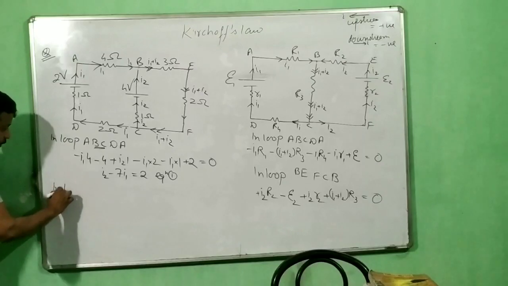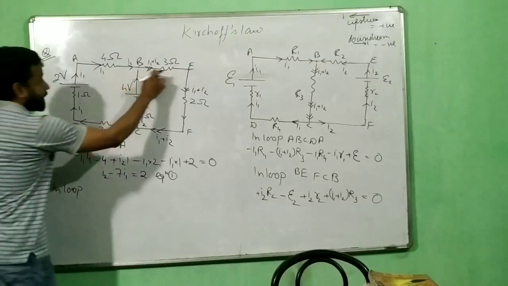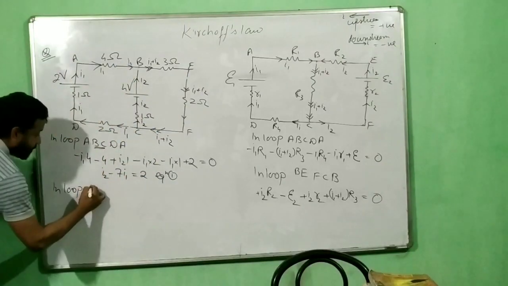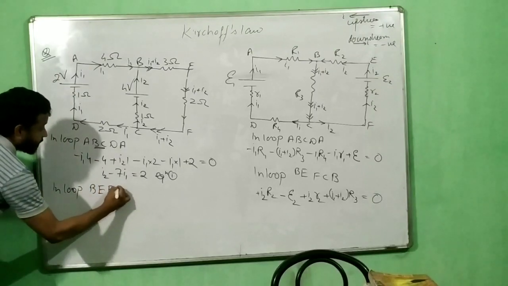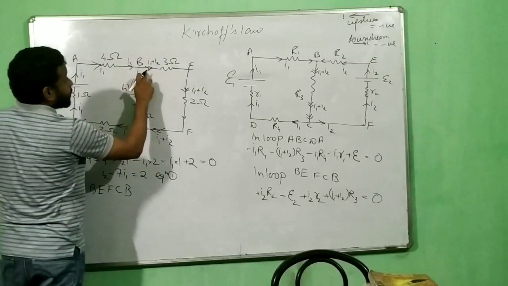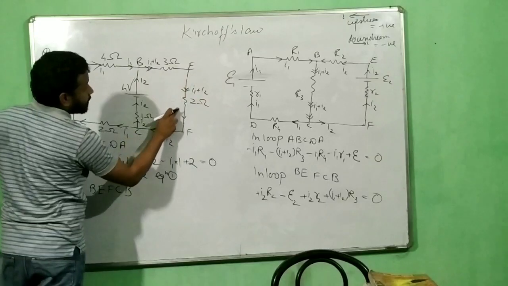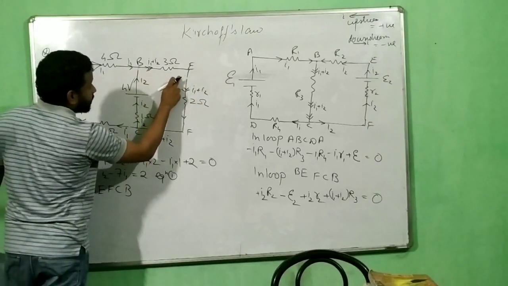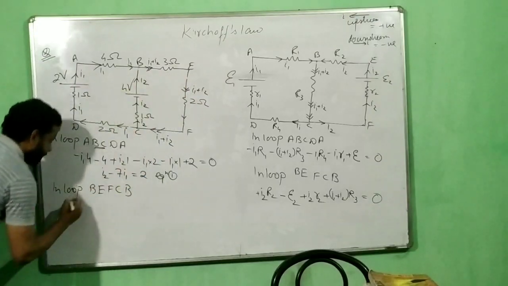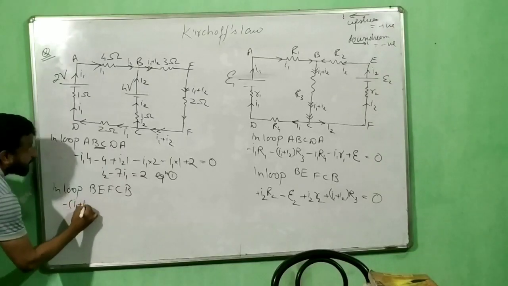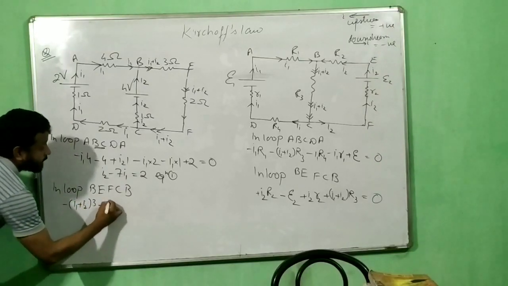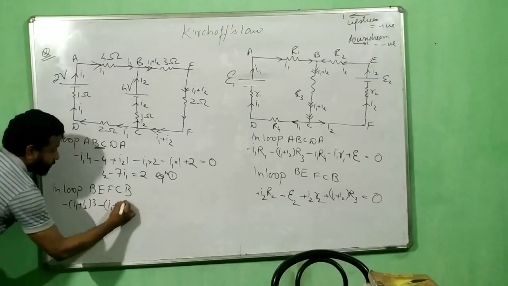Then you write the loop BEFCB. Now you are going from here to here, downstream, so minus I1 plus I2 into 3, minus I1 plus I2 into 2.